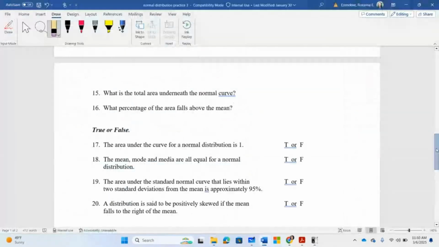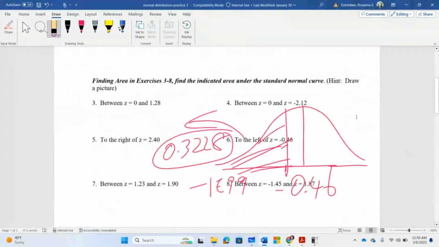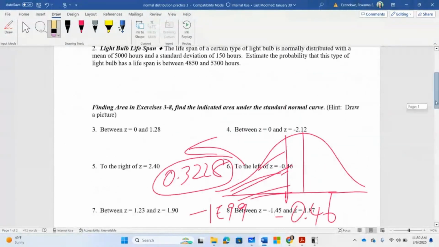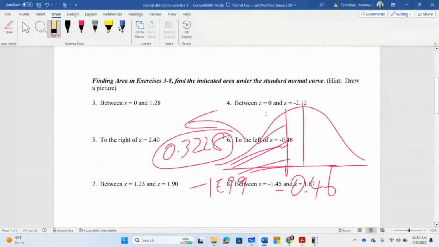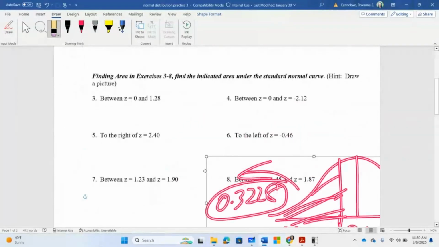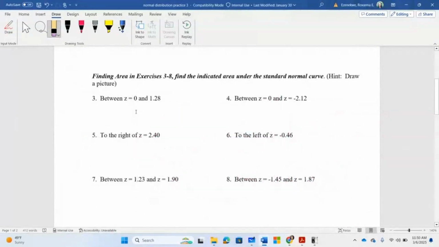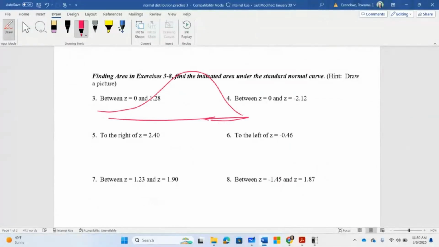Okay, so let's go to this question. I want to calculate the area between two points in a standard normal.